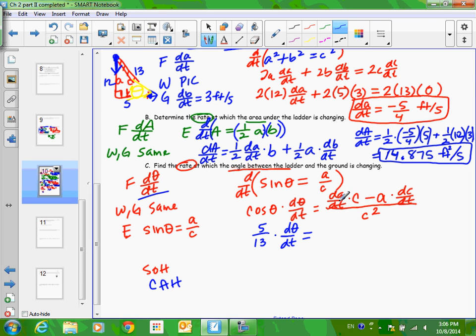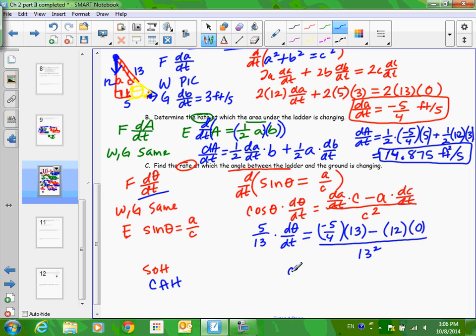dA over dt, little a anyway, if I go back up, is what I found here. So that's going to be negative 5/4 times c, that was 13. We are about to catch a break here because what's dc over dt? 0, over 13 squared.